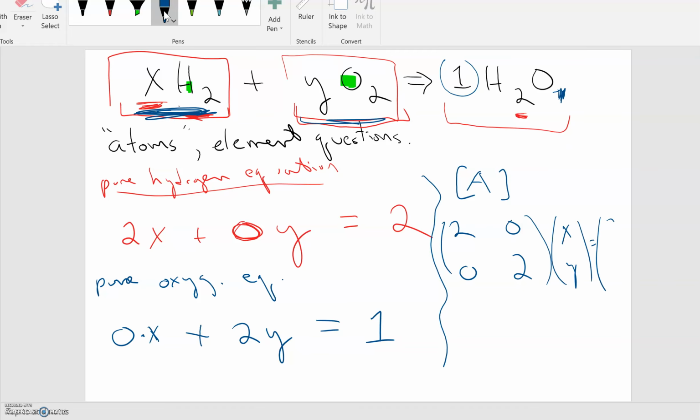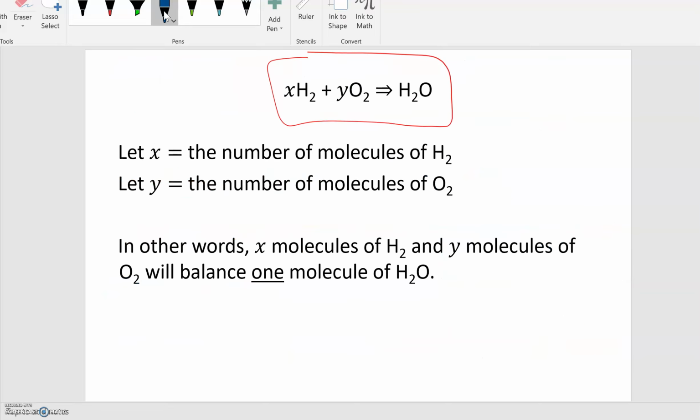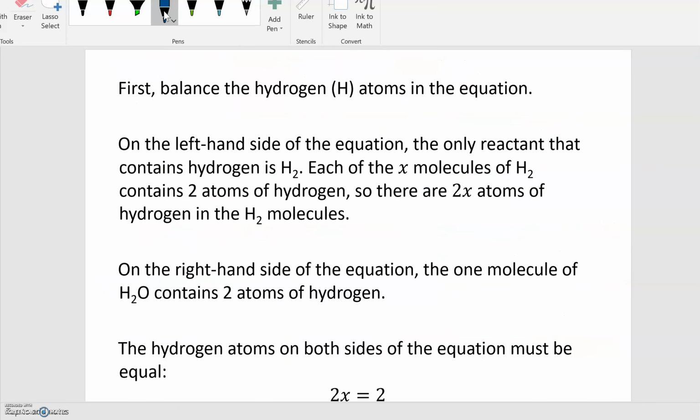And my B matrix would be 2, 1. So now I can use a matrix and do 2, 0, 0, 2 inverse times 2, 1. That'll be matrix A and B, and we can solve it with the matrix method.